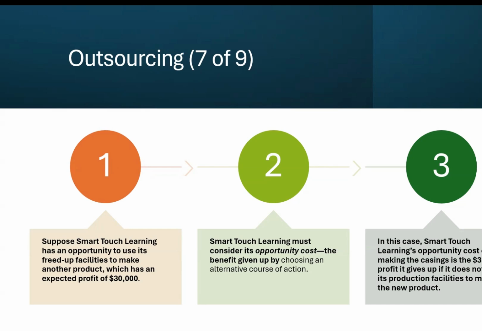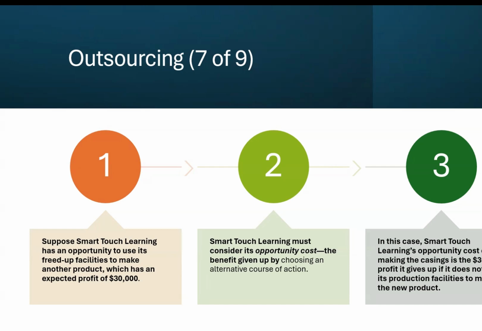The analysis in Exhibit 10 assumes that there is no other use for production facilities if Smart Touch Learning buys the casing from Crump Casing. But suppose Smart Touch Learning has an opportunity to use its freed up facility to make another product which has an expected profit of $30,000.